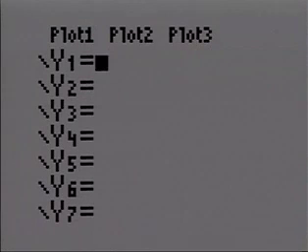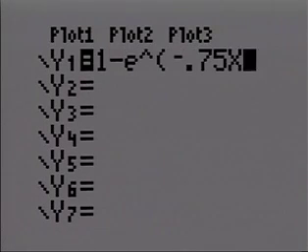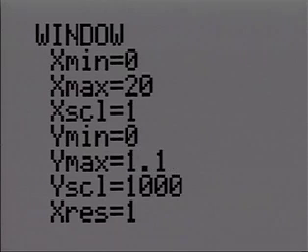We'll put in 1 minus e to the negative 0.75x. Let's set an appropriate window. Let's set x from 0 to 20 with a scale of 1, and let's set y from 0 to 1.1 with a scale of something small, like 0.1. Let me push graph and see how that model looks.